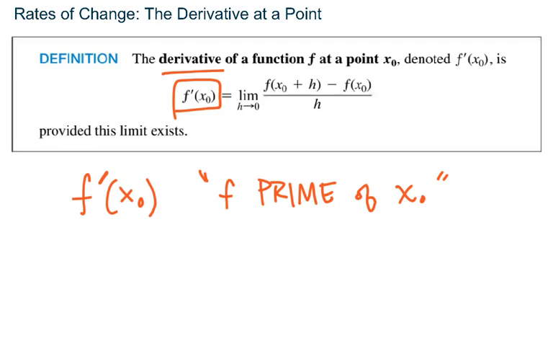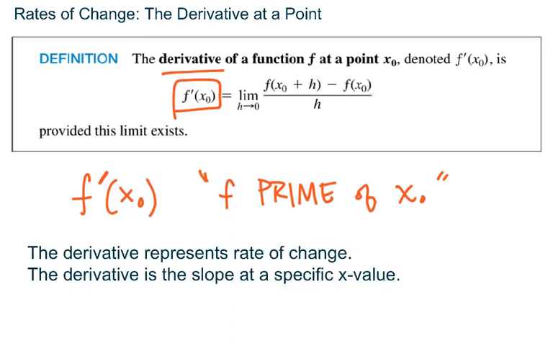And what is a derivative? Derivative represents a rate of change. The derivative represents the slope at a specific x value. Okay, so the difference quotient of f at this x sub 0 point with an increment, a horizontal space between my two x values, which we call h, as that h value approaches 0, this is called our derivative.